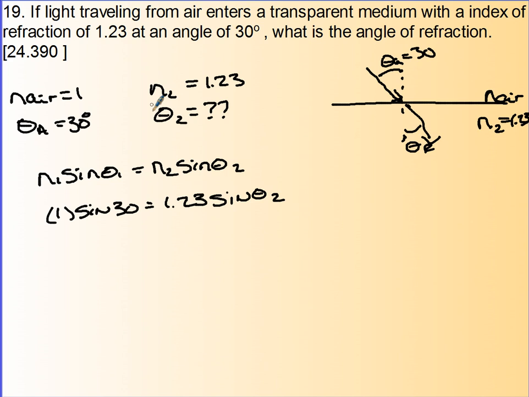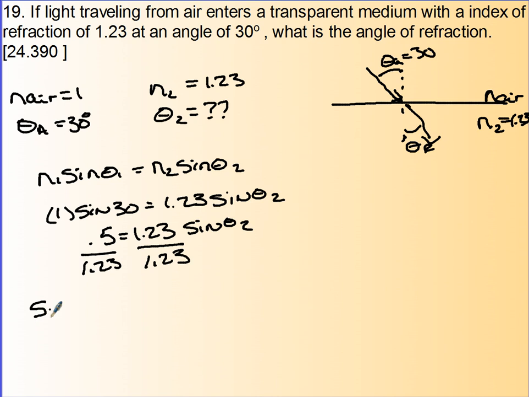All right, sine of 30 is 0.5. It's 1.23 times the sine of theta 2. Now let's divide both sides through by 1.23. So sine of theta 2 is 0.5 divided by 1.23. And just find out what that number is.